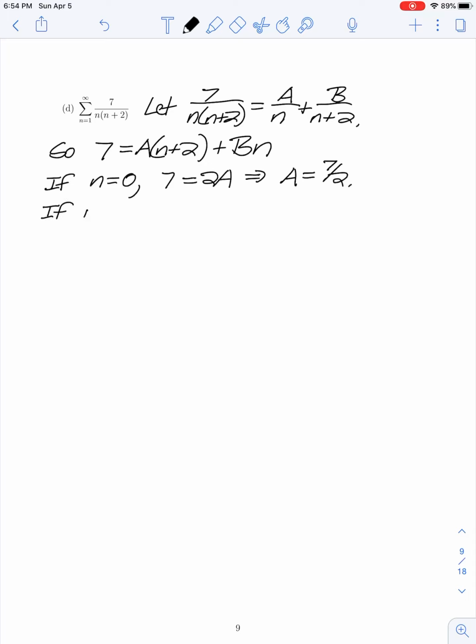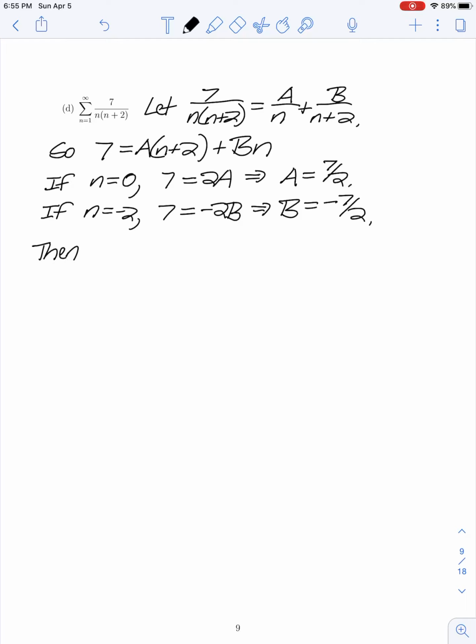And if I want to solve for b, if I choose n as -2, the equation is 7 is equal to -2b, which implies that b is -7/2.